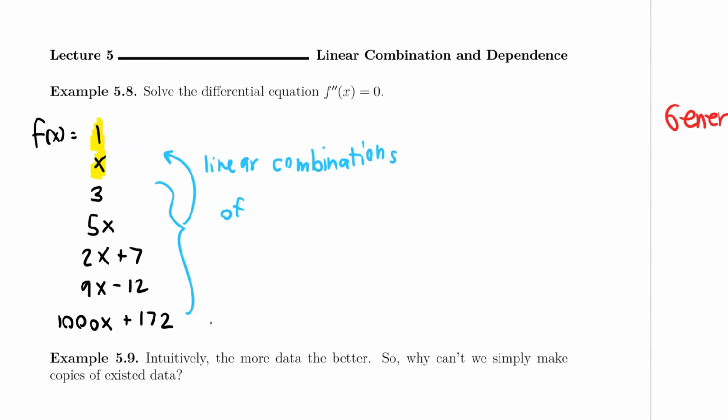For example, this last one, 1000x plus 172, is just 1000 times x plus 172 times 1. So if I want to write out the solution, it is just going to be a times 1 plus b times x.